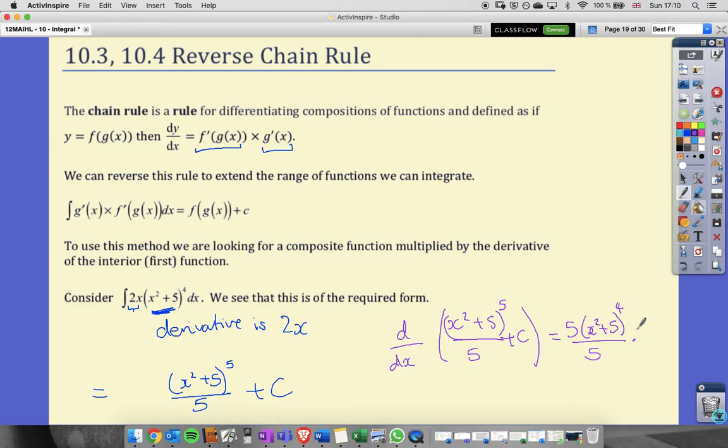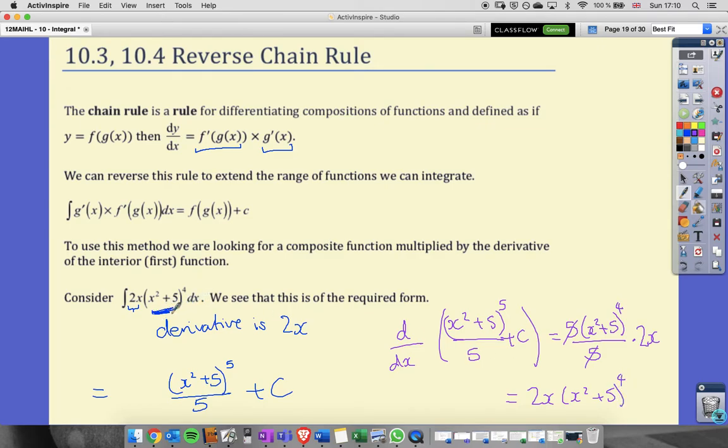The derivative of the inside is 2x, and of course the plus c is just a constant, so when we differentiate that, it becomes 0. And now I can see the 5's will cancel, I can move the 2x to the front, and there we are, we've got what we started off with back here.